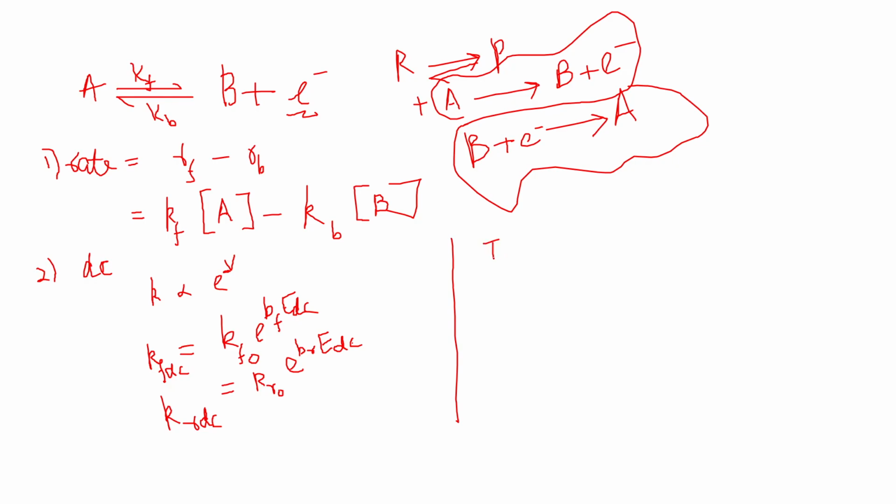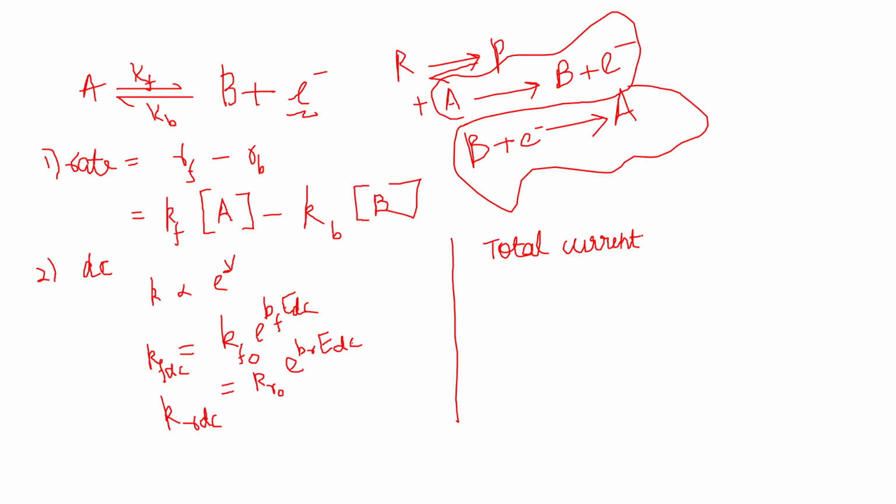Now the next question is, what is the rate constant when the net current is AC plus DC? So these are the few steps you have to follow in finding out the impedance and all. Excuse me, madam. Yeah. Here, KFAC is equal to KF naught.